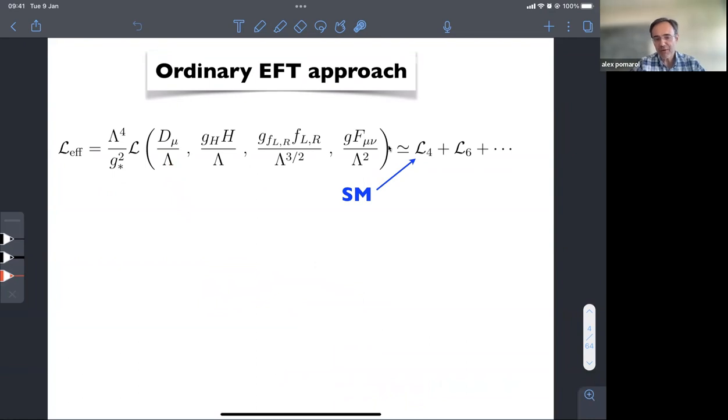You use a Taylor expansion of derivatives and fields over this lambda. Now you have an expansion in orders of lambda to the 0, lambda squared. Of course, the spirit is the same as the harmonic oscillator or Hooke's law in classical mechanics. You know it works.